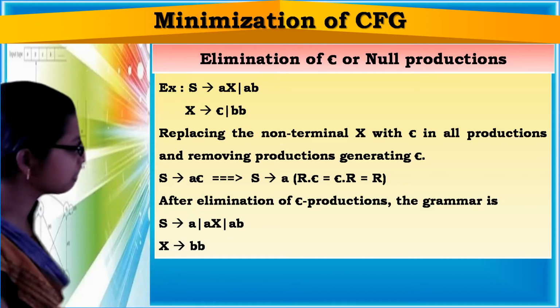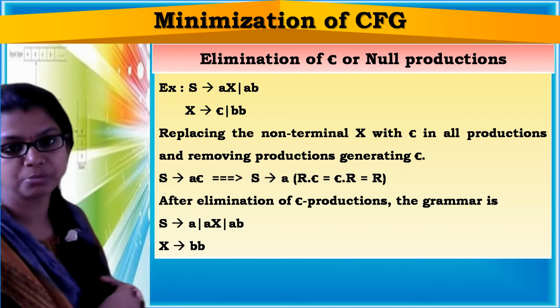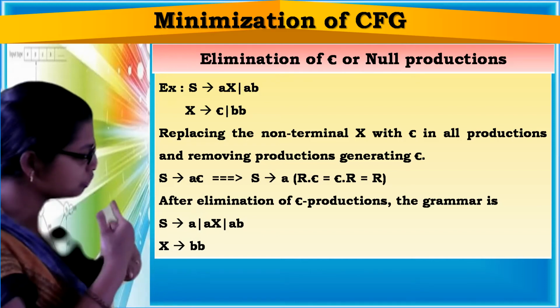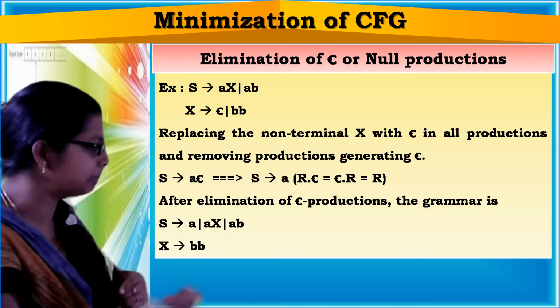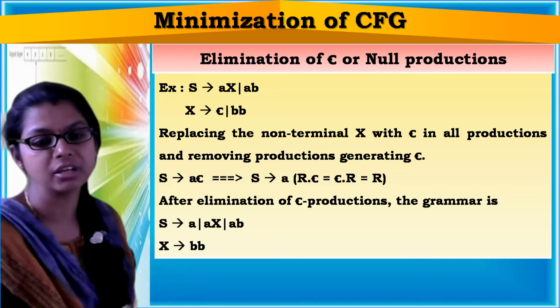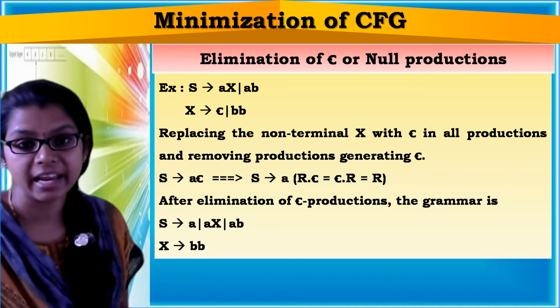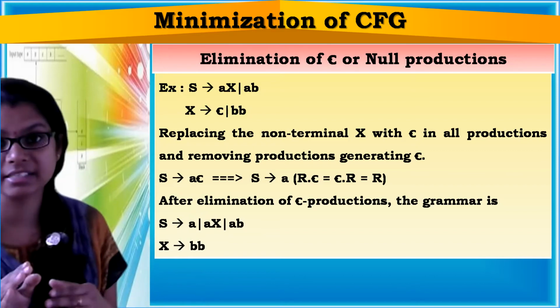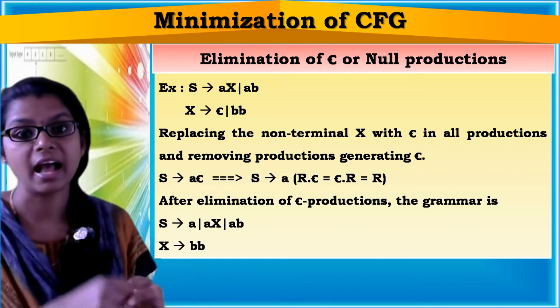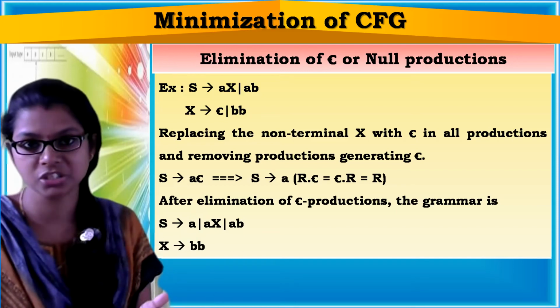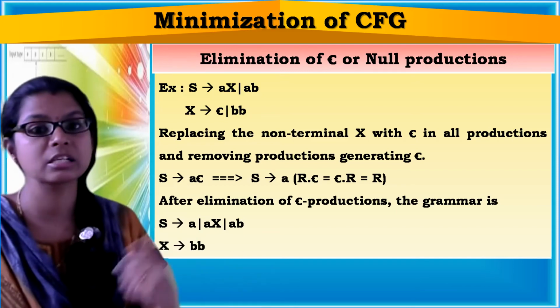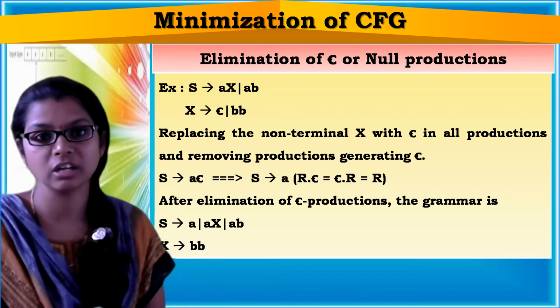Now, the production rules after eliminating the epsilon productions are S producing A or AX or AB, and next X producing AB or BB. Why are we not eliminating X? Because X has one epsilon production and it is also producing some terminal strings, so you cannot eliminate it.